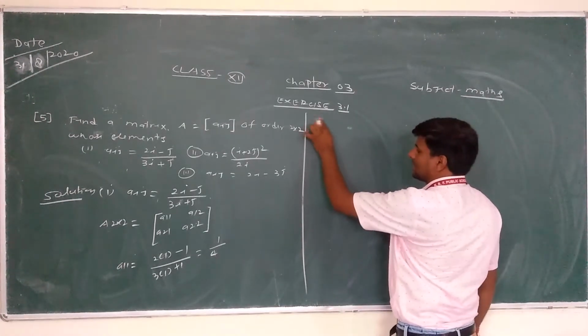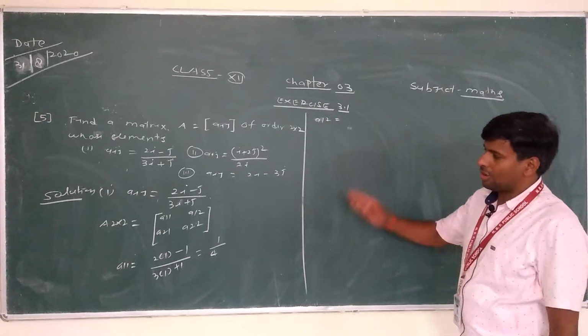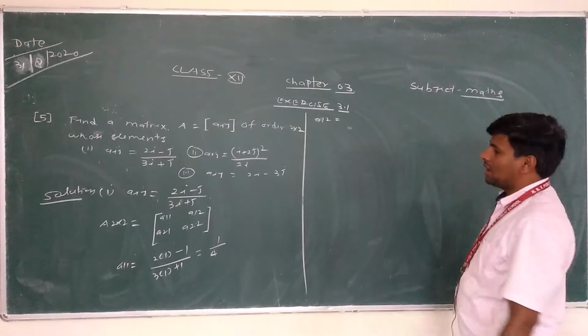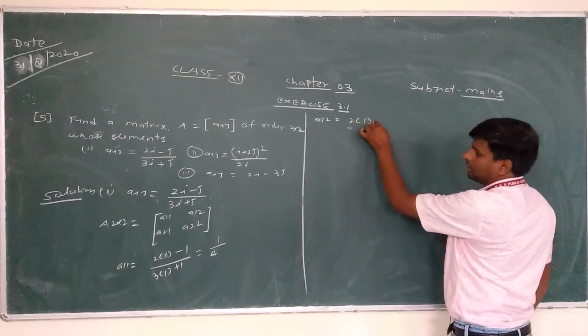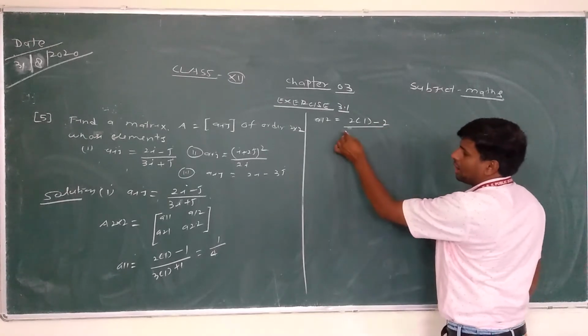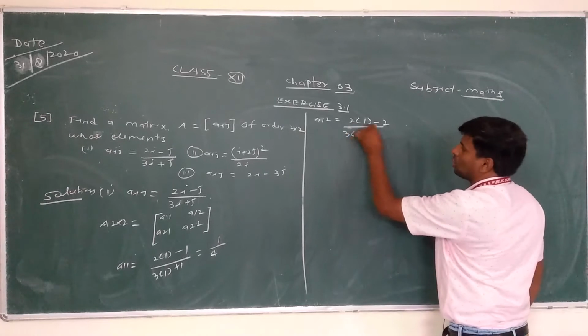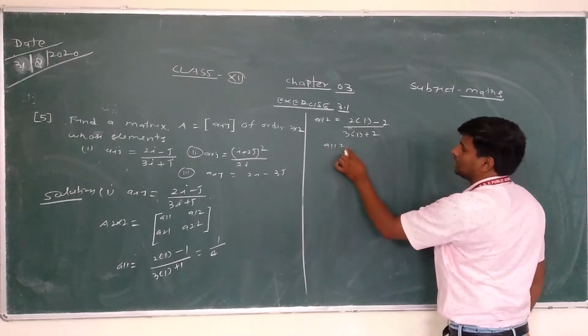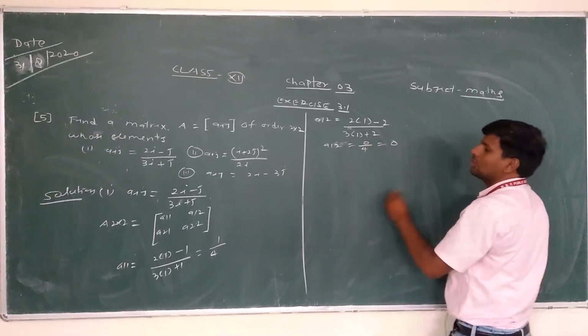Next we discuss A12. What is the meaning of A12? i is 1 and j is 2. So put here 2 into 1 minus 2, over 3 into 1 plus 4, that is 2 minus 2 is 0 by 7, we get 0.